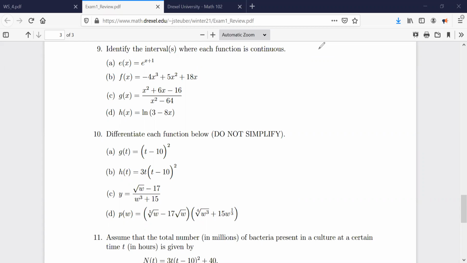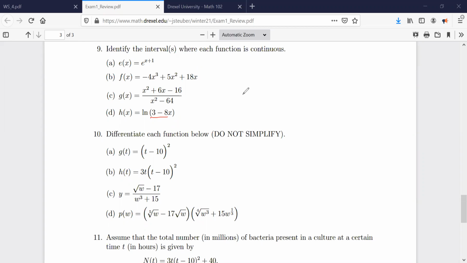So e to the x can only take positive values. It can take any real value, but it can only spit out positive values. So that tells me ln can only take in positive values.